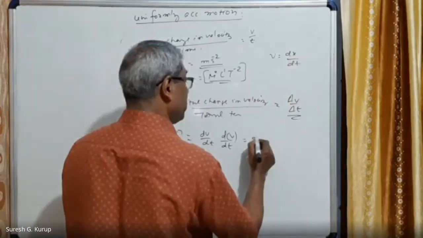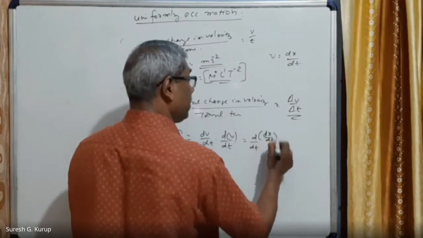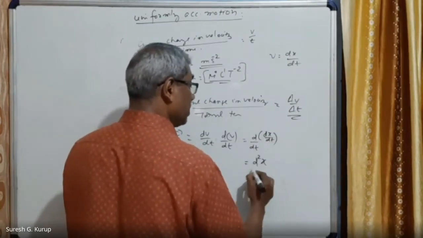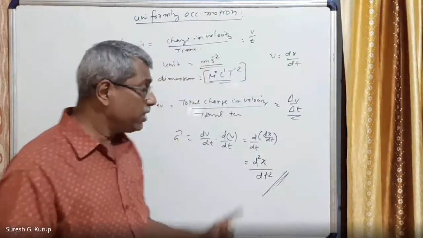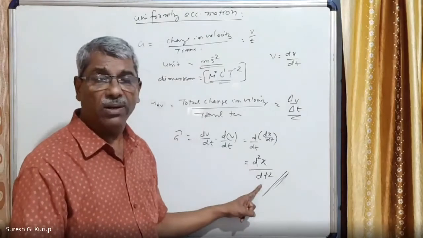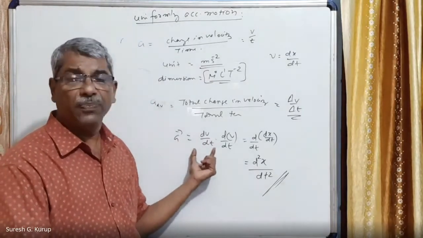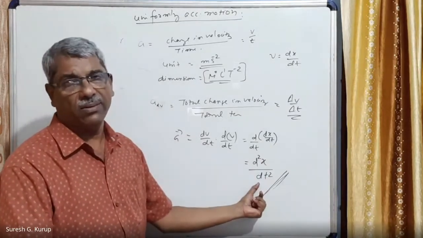Then what do we have? That is equal to d by dt of dx by dt. This is d square x divided by dt square. See how it is read: d square x by dt square. You can write acceleration a is equal to dv by dt, or acceleration a is equal to d square x by dt square.